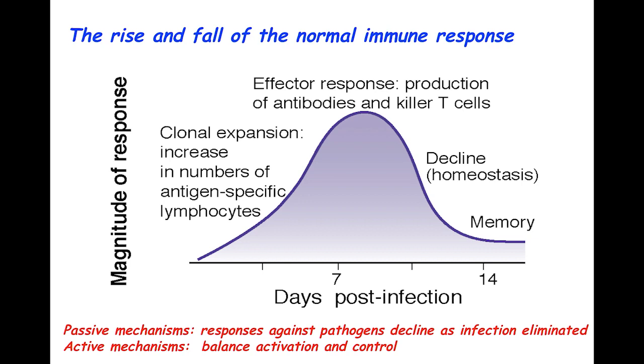So if you get an infection, for example, there is a rapid expansion of these lymphocytes. Studies from viral infections have shown that an antigen-specific T cell can expand 50,000-fold in 1 week in response to a virus.